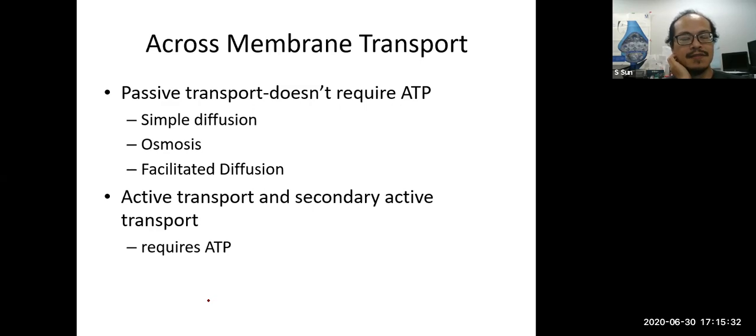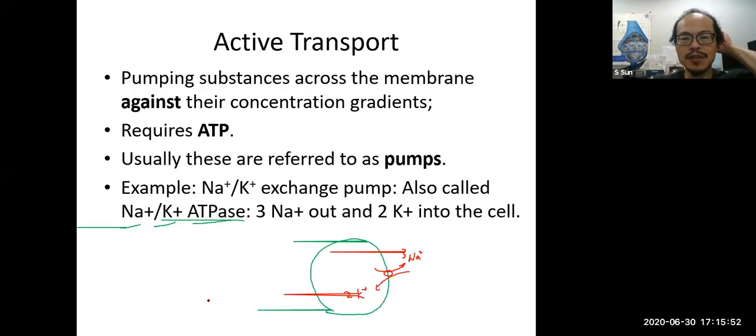So that's passive. And another one is called active transport. This one requires ATP to move them from a low concentration to a high concentration environment. And one example of active transport is the sodium potassium ATPase.